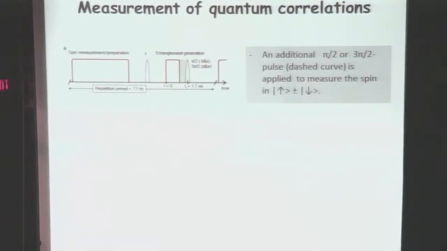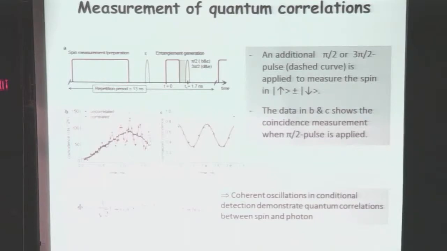To do that, we rotate the spin and measure it, projecting it either into up plus down or up minus down. So in our color qubits, measuring the spin in up plus down means that we project the photon into a superposition of two different colors. In this case, the colors differ by 5 gigahertz.